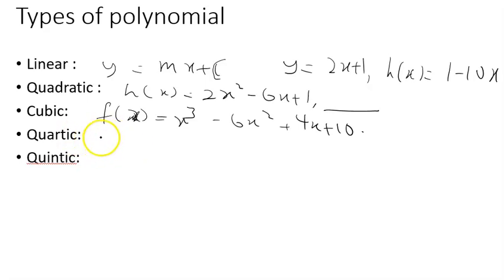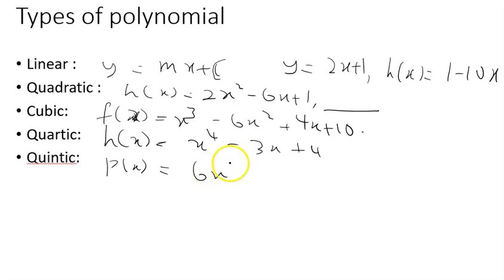Quartic, power 4. So h of s equals, for example, s power 4 minus 3s plus 4. This is power 4. That's the highest degree. Quintic, power 5. p of s equals 6s power 5 minus 3s squared minus 6s plus 3.